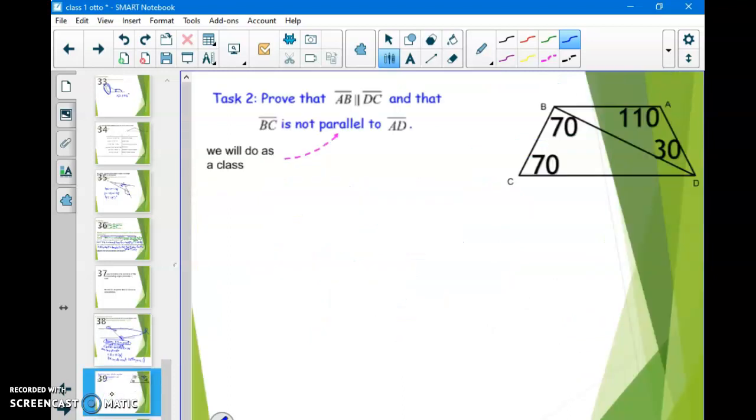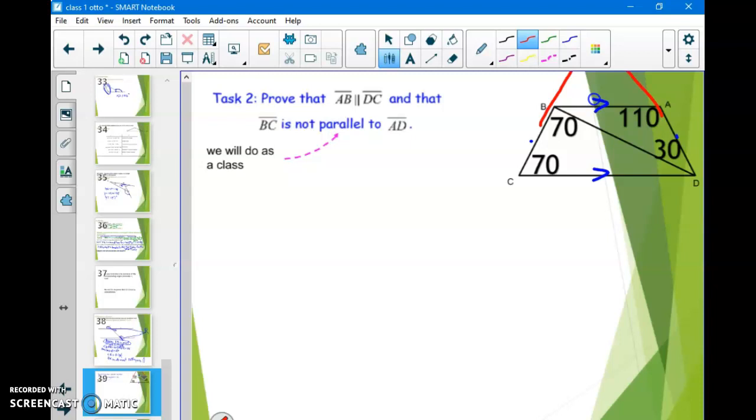All right, the last thing that we're going to look at here is we're going to see if we can prove that these two are parallel and that these are not parallel. One of the ways that I want to do this is I want to extend these until they meet.